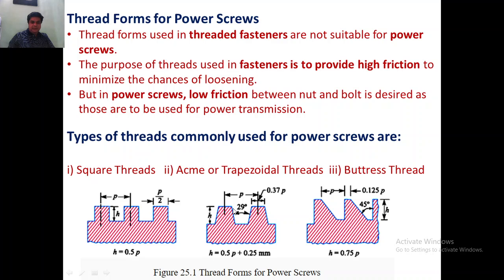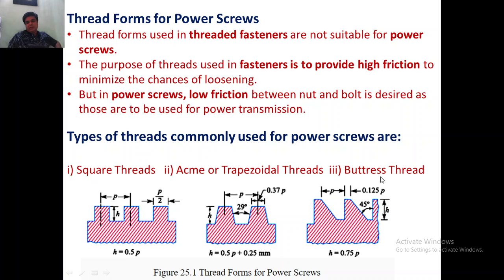In the case of the acme thread, this edge is slightly inclined, and the angle between these two inclined surfaces of the thread is around 29 to 30 degrees. That's the modification you can see in the acme thread.